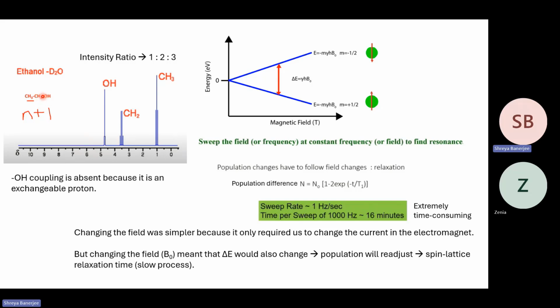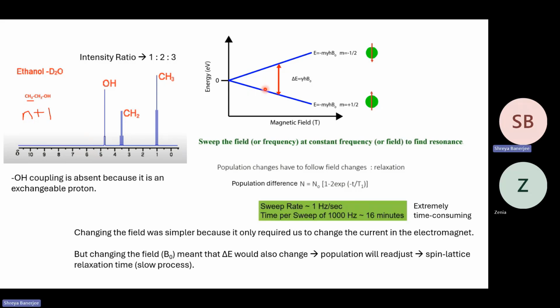CH2, now the important thing to remember is OH is an exchangeable proton. Suppose ethanol is dissolved in D2O. This OH can exchange with D2O, so it will not participate in coupling. So CH3 has 3 neighboring protons and 3 plus 1 is 4, so the CH2 peak is divided into 4 smaller peaks. And since OH is exchangeable, it will not have any coupling. It appears as a single peak.